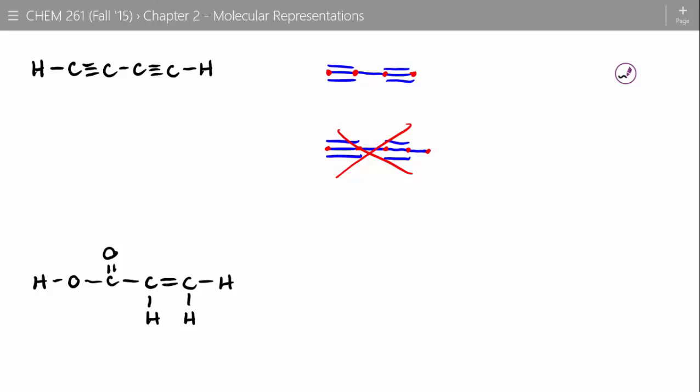So I don't see any triple bonds. We shouldn't have any straight lines going through this. It's probably going to zigzag. That's one hint.